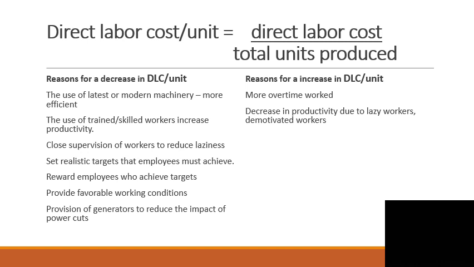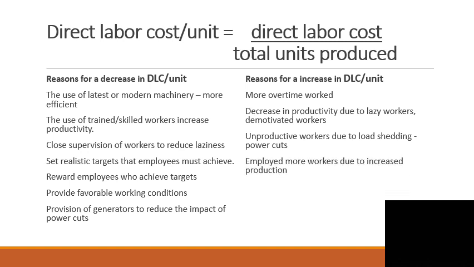A decrease in productivity due to fewer workers or demotivated workers in one way or the other. Unproductive workers due to load shedding, power cuts. This is reality. Employing more workers due to increased production is an increase in cost.